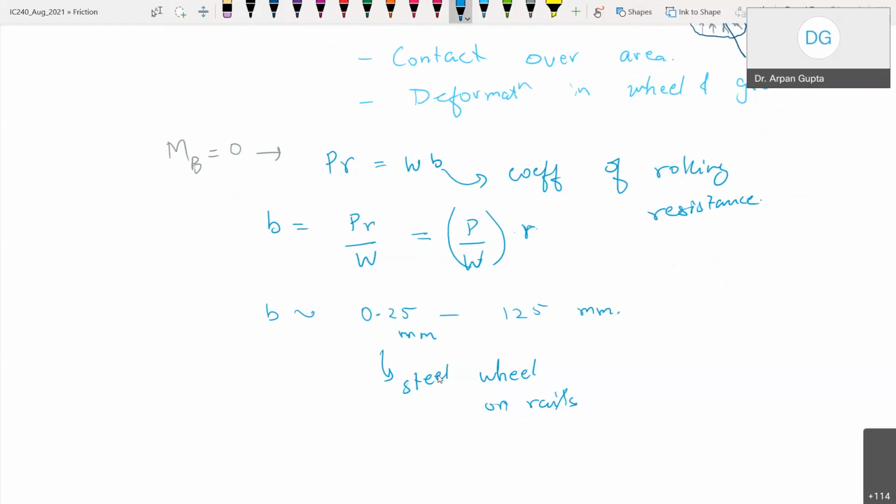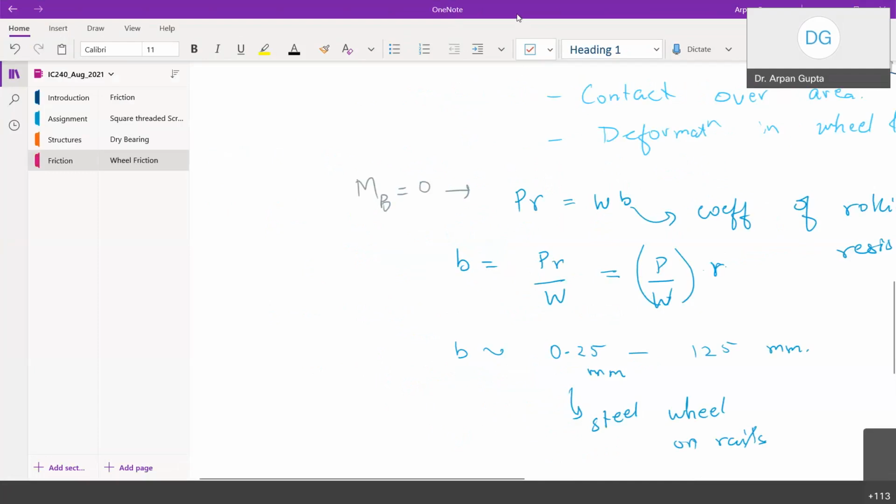And if you have the same steel wheel but on soft ground, it can be around 12 centimeters, so quite large. So I think that's all for this topic, and that's all for this lecture as well. So we'll close this discussion.